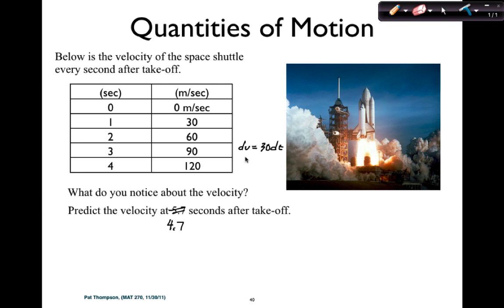So can you use that fact to predict the velocity 4.7 seconds after takeoff, knowing that at 4 seconds, the speed is 120? With a constant rate of change of 30, can you use this principle to find the velocity 4.7 seconds after takeoff?